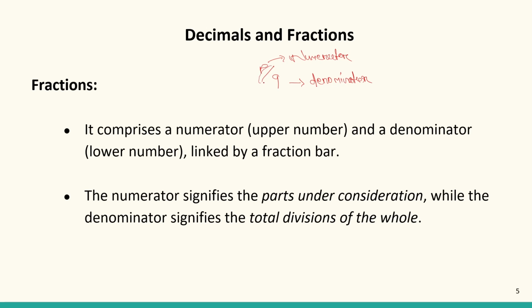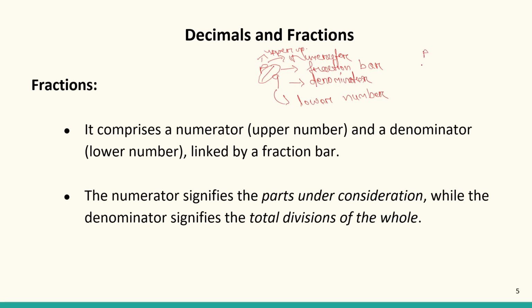This bar is called the fraction bar. The numerator is also called the upper number, to simplify things, and the denominator is also called the lower number. The numerator signifies the parts under consideration, or the number of parts you have.